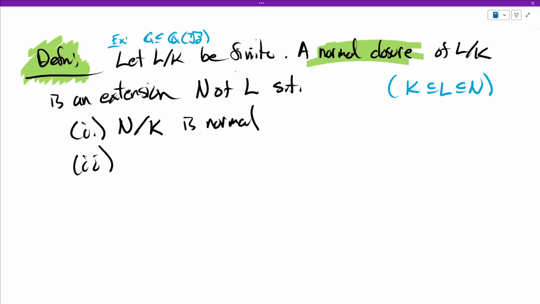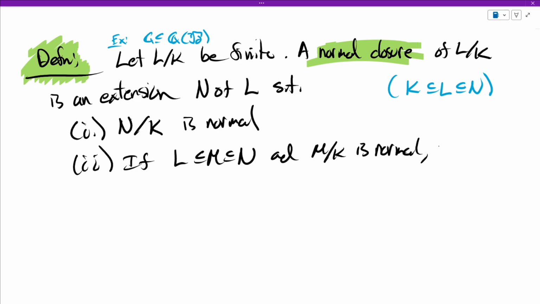So the smallest condition, the second condition, is if you have another extension M in between L and N, and M over K is normal, then M equals N. We should think of the first condition as the normality condition, and the second as the smallest condition.